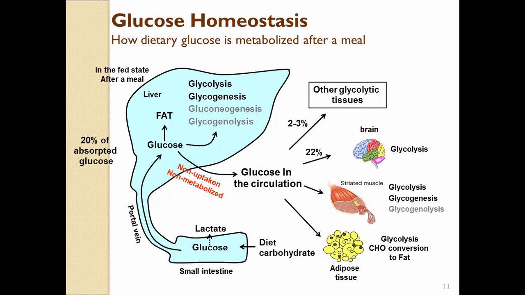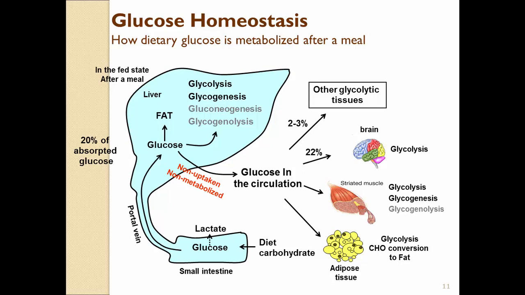And some of the glucose can be metabolized just in the small intestine, because the intestine also needs energy, right? So some of the glucose can serve as energy for the small intestine and be metabolized there.